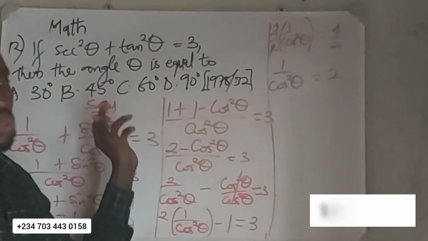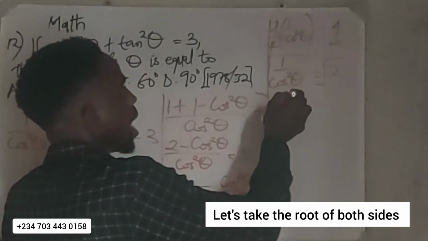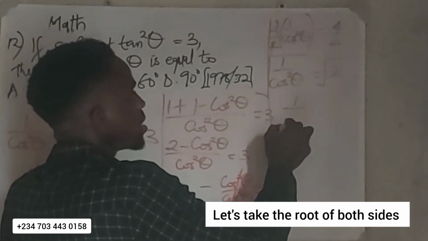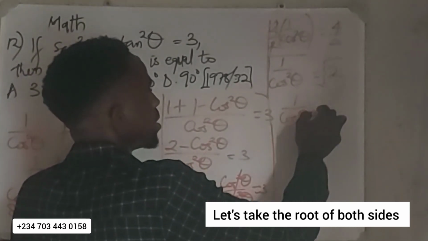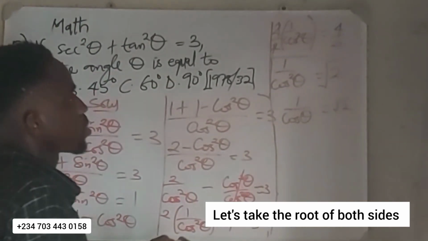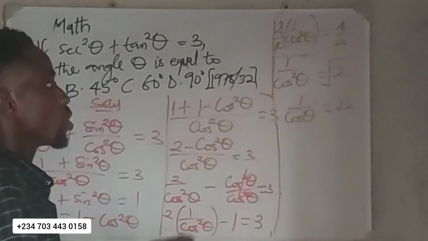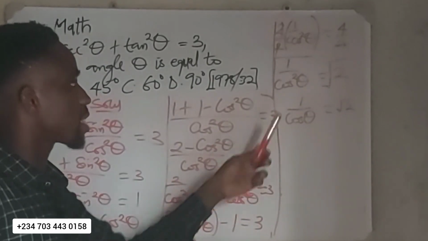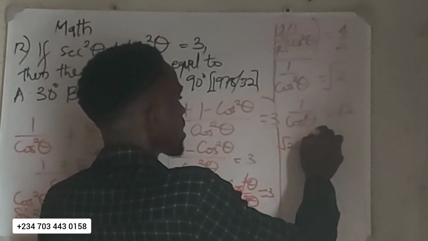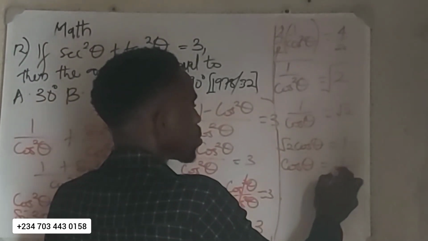Then I can take the roots of both sides. The root of 1 is 1, upon the root of cos squared theta, which is cos theta, is equal to root 2, right? So we have that the inverse of cos theta is root 2. If I make cos theta the subject by cross multiplying, I have root 2 cos theta is 1, which implies that cos theta is equal to 1 upon root 2.